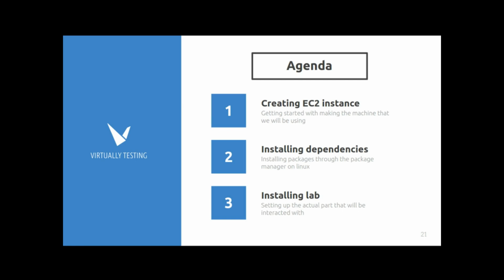In the first video, which is the last video, I went to AWS and I did a lot of configuring in the AWS dashboard, and I set up and launched an EC2 instance, and then I SSH'd into that instance and I obtained root. In this video, the second video, I'm going to be installing the dependencies on which the lab runs.